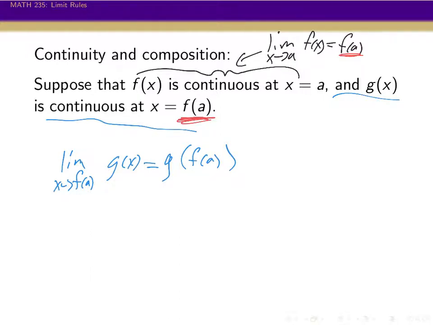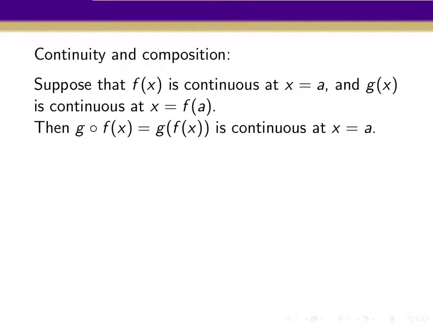So the limit of g of x as x goes to f of a would be g of f of a. Well, what we can do is we can then take the composition of these two functions. So g of f of x is also going to be continuous at x equals a.